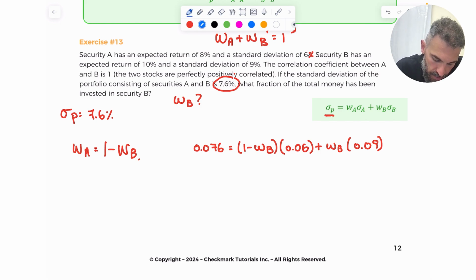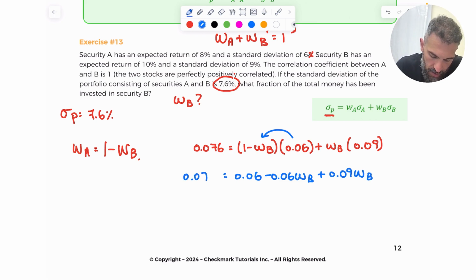So let's solve this. So if I expand this, I get 0.06 minus 0.06 weight B plus 0.09 weight B equals 0.076. Bring this over. 0.016 equals 0.03 weight B, and then divide by 0.03.